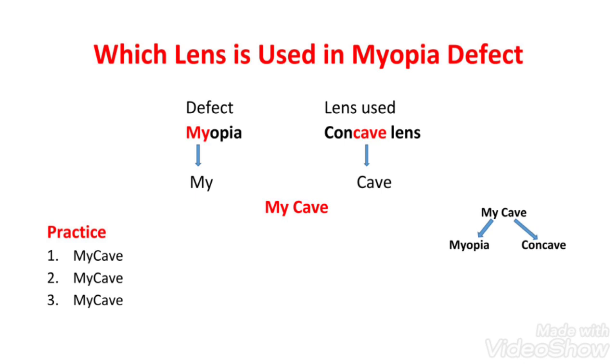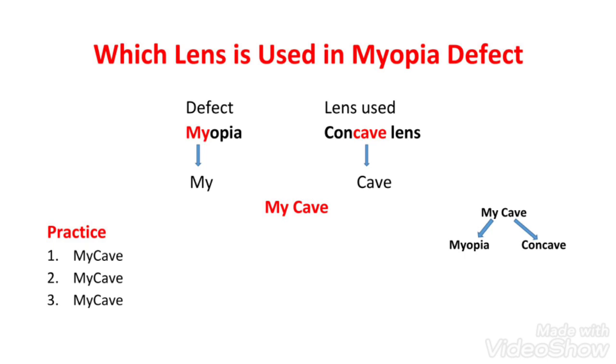Why? Because in concave and convex, con is the same, so I am taking the different part, cave. So in defect myopia, my, and in concave, cave. I am linking the two words.